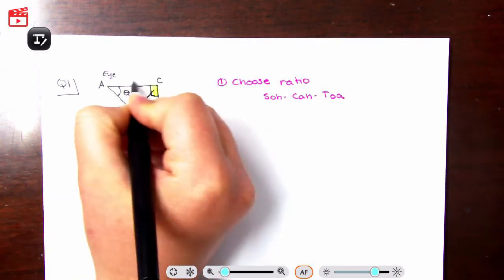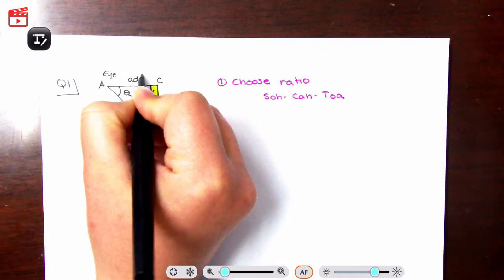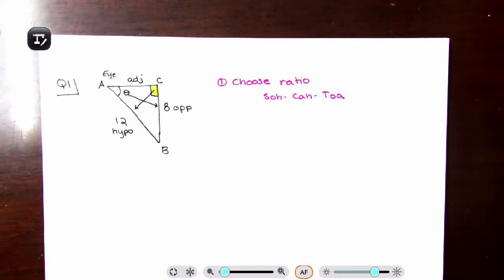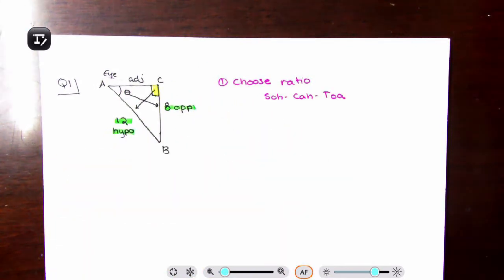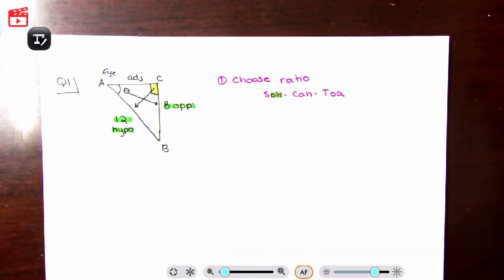So that means this side right here is your adjacent. Now that we have our triangle labeled, note the relationship that we have in reference to our eyeball. So what we have is 8, which is the opposite, and 12, which is the hypotenuse. So opposite and hypotenuse, it looks like we're going to be using sine.